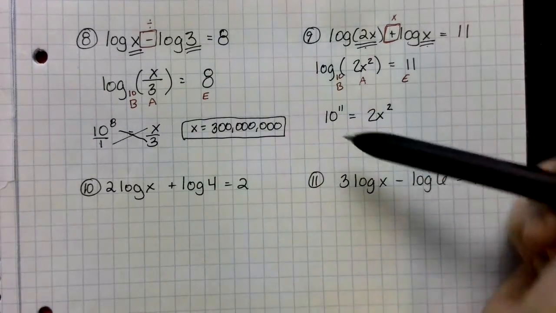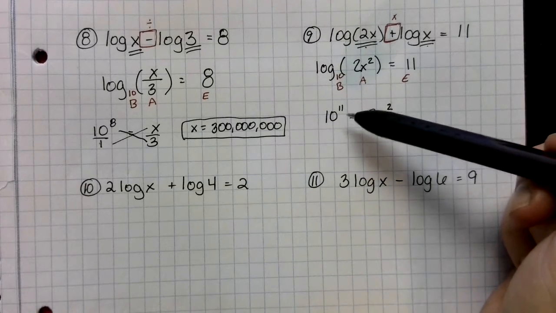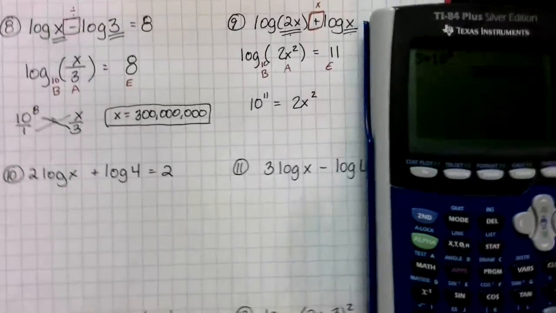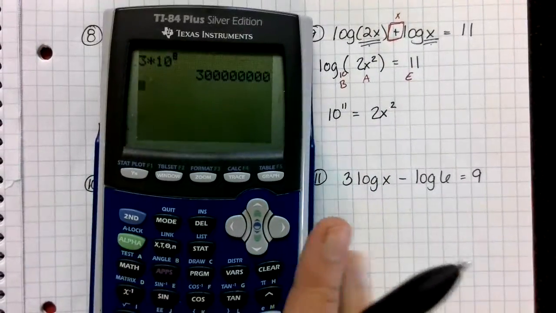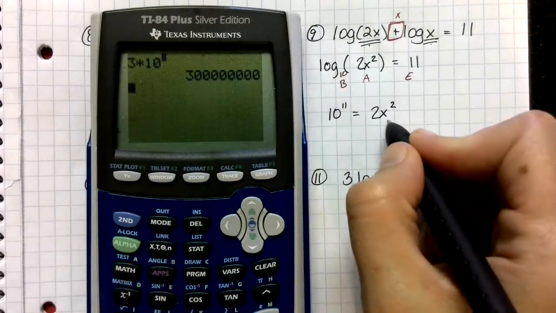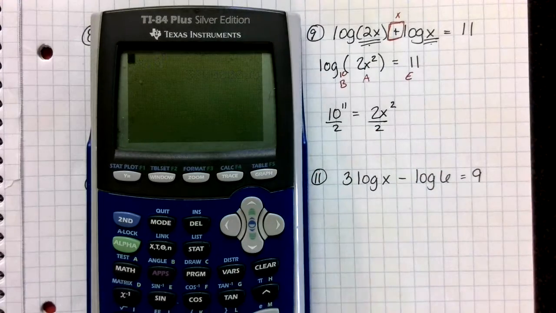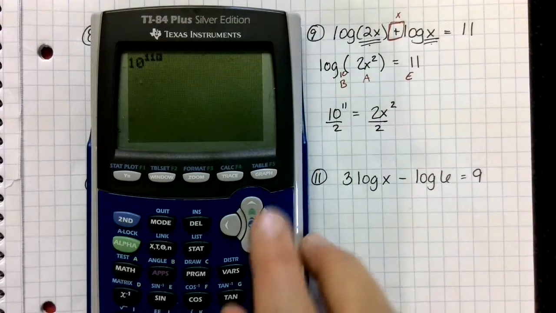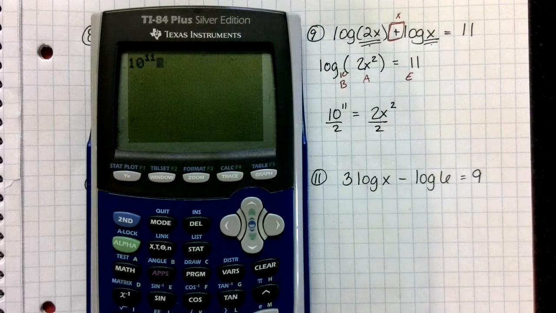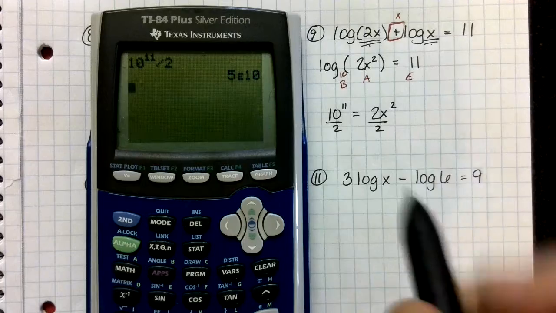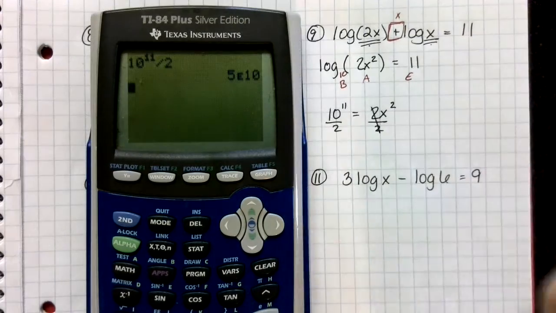Now, a lot of this, because this is going to be a really huge number, 10 to the power of 11, just don't worry about it yet. Just use your calculator to help you solve this. So I know that to get x by itself, the first thing I have to do is divide by 2. So I'm going to put 10 to the power of 11, and then I'm going to divide by 2 and get an answer. And notice it still gives me this weird scientific notation.